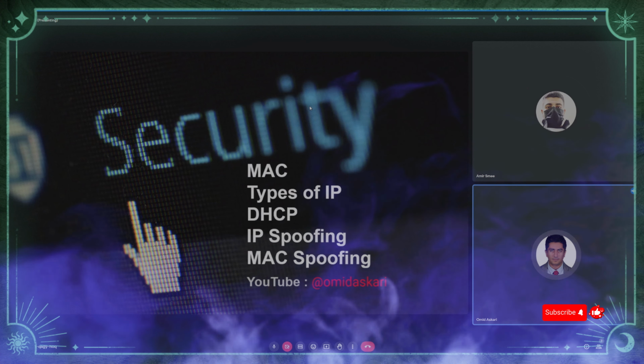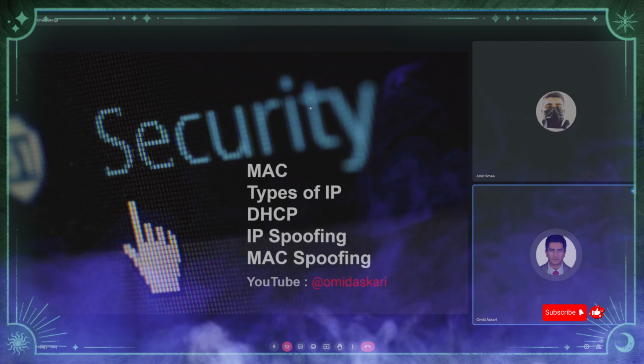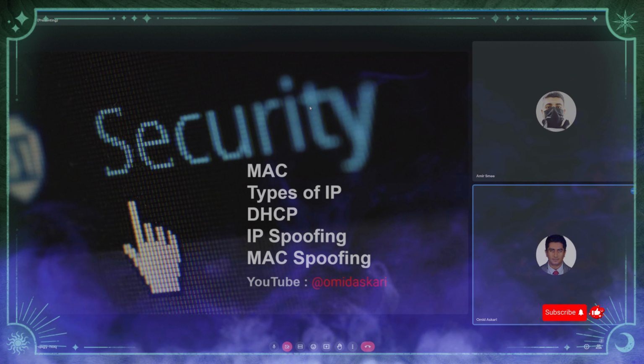The packet is sent out onto the local network, appearing as if it originated from the router itself. Other devices on the network receive the packet and see the source MAC address as AABBCC112233, assuming it is from the router.